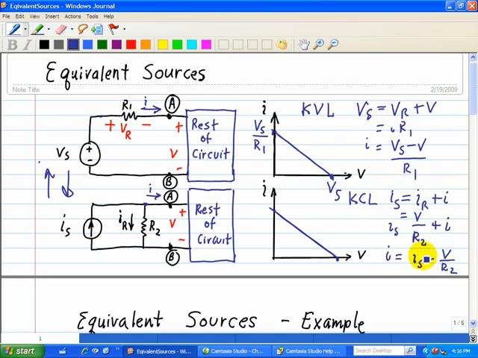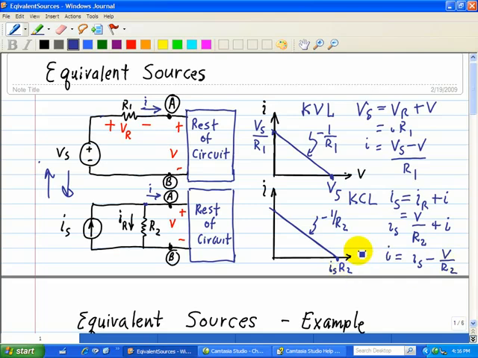So this is again a line with a negative slope, and the slope of that line is negative 1 over R2 for this bottom graph, and the slope for this one is minus 1 over R1 based on this equation. Now we do the same thing when I is equal to 0. That occurs when Is is equal to V divided by R2, or V equals Is times R2.